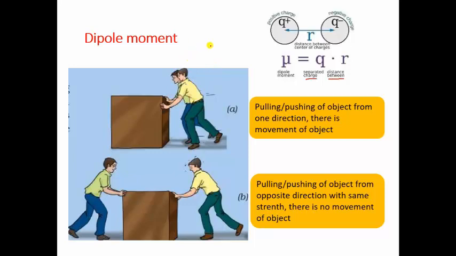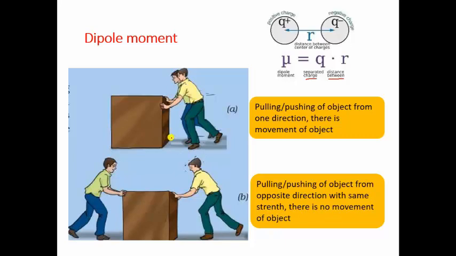In a dipole there are two poles, one positive and one negative. In this picture you can see an object being pulled and pushed from one side, and there is a movement of the object. In another picture, the object is pulled and pushed from the opposite direction with the same strength, and there is no movement of the object.